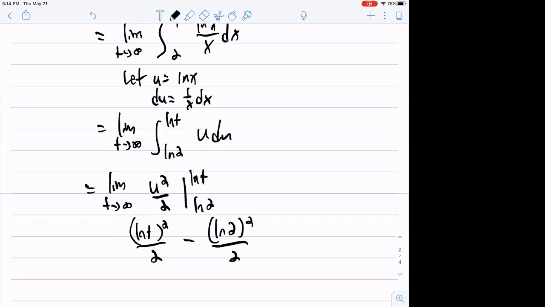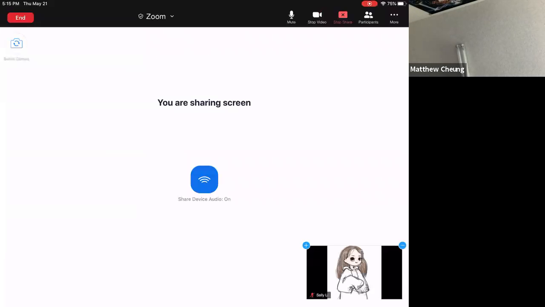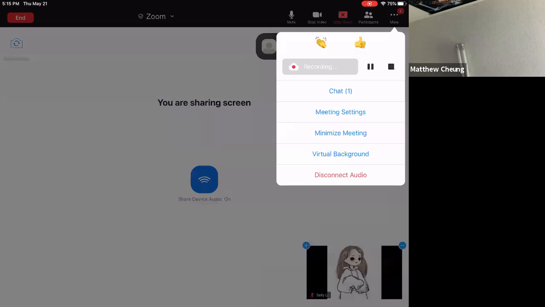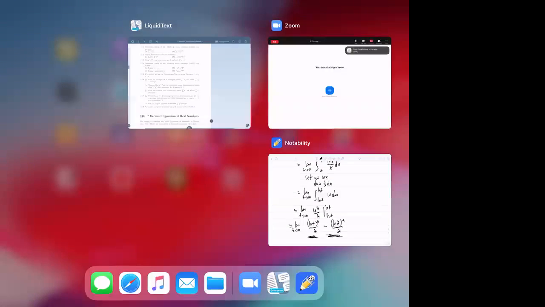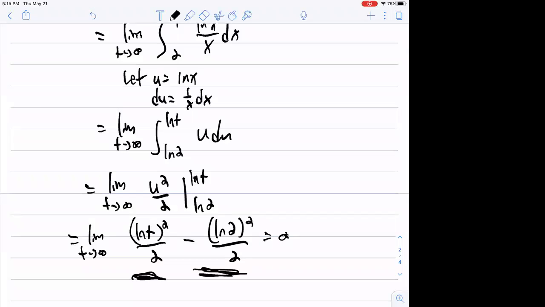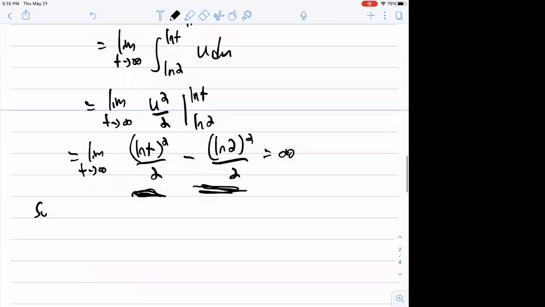So I evaluate. What is this limit? I don't care about this, it's some number, it doesn't determine converge or diverge. Everything's determined by where this goes. So the limit as t goes to infinity of ln t is what? Yeah, it's infinite, so the sum diverges.